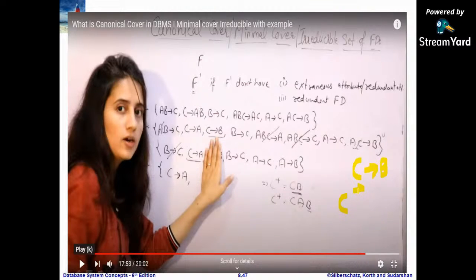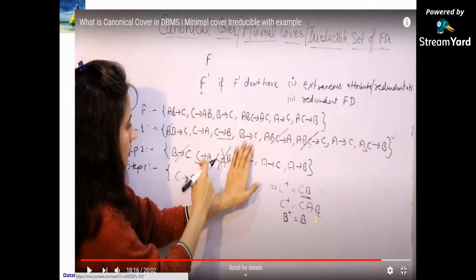The C plus will consist of CA, then AC, then AB, so it will consist of CAB. In CAB, the B part is present, so you can remove it.